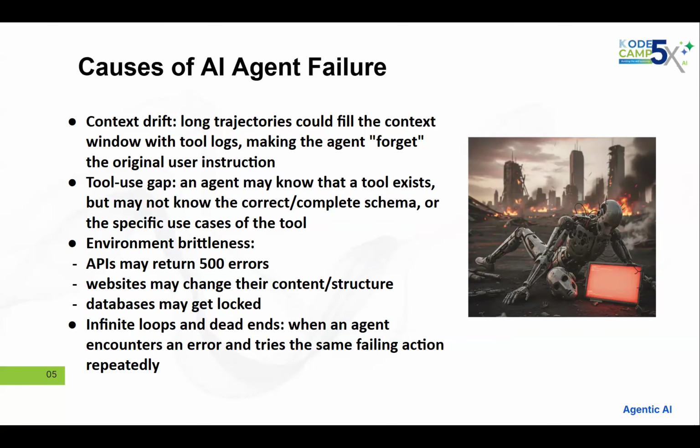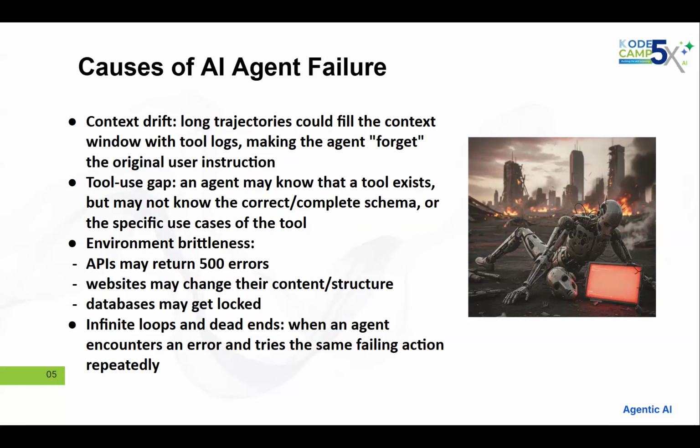Then tool use gap. Let's say your agent is aware that it has tools, but it doesn't know the correct or complete schema for that tool. So maybe it could call it without including some required argument, or it could even hallucinate the schema. Of course, that will lead to an error, which will be an action failure in this case.